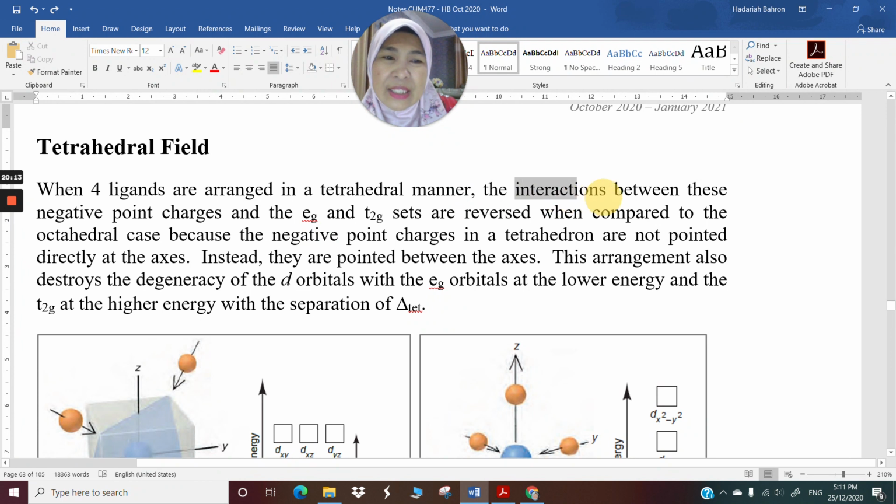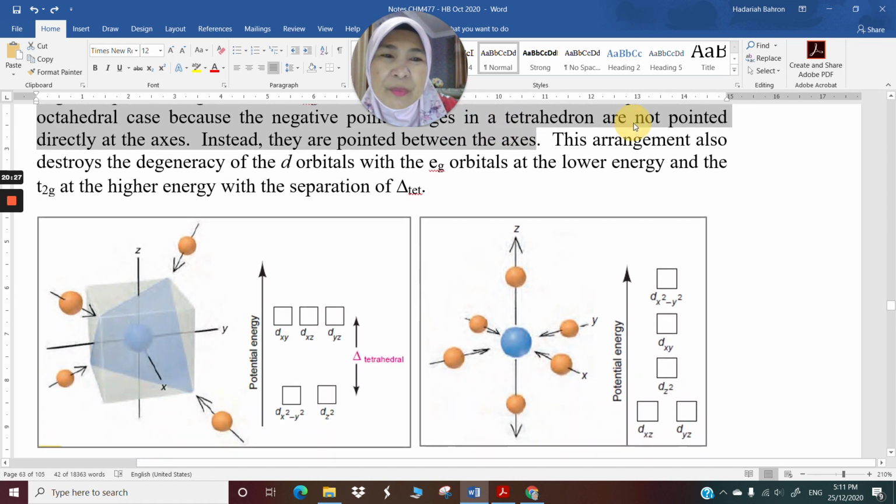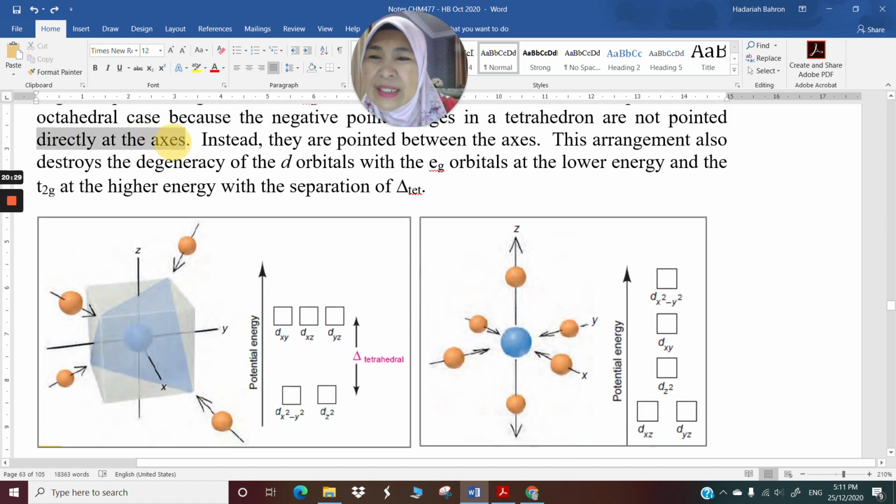Now, the interaction between these negative point charges, remember the ligands are negative point charges, and the Eg and T2g are reversed when compared to the octahedral case, because the negative point charges in the tetrahedron are not pointed directly at the axis, unlike the octahedral. In the octahedral, the ligands are directly on the axis, whereas in tetrahedral, the ligands are in between the axis.